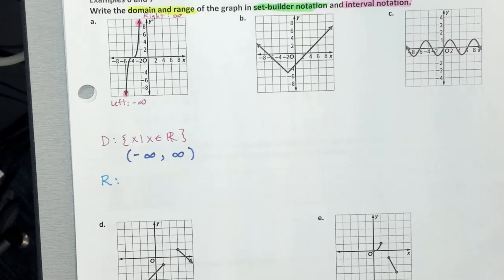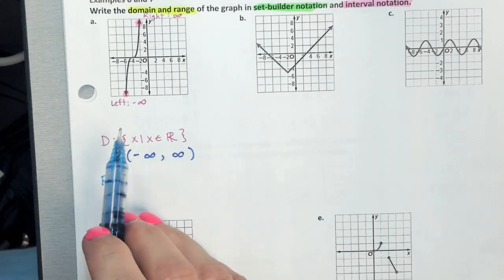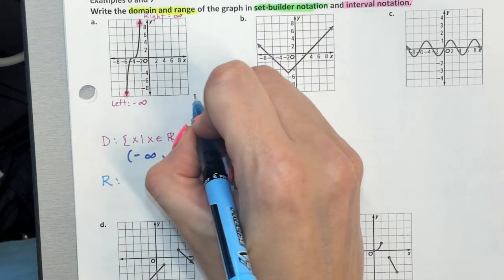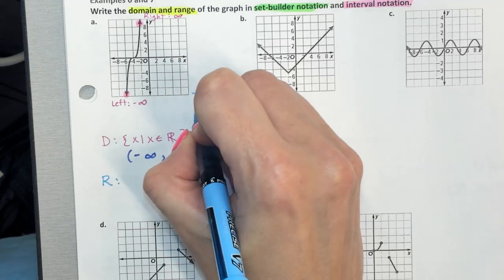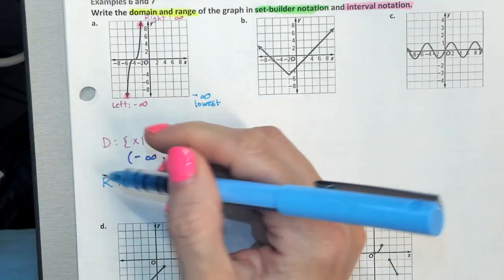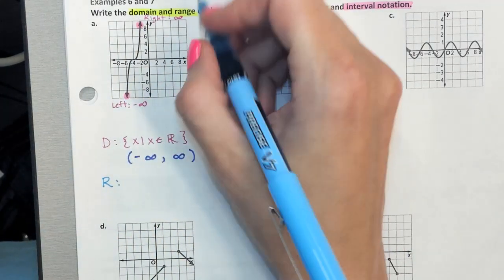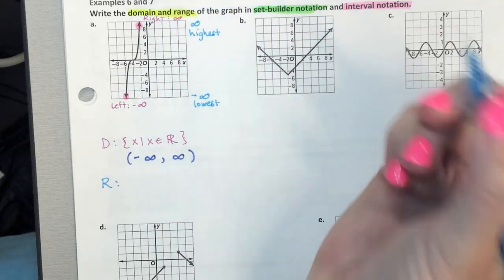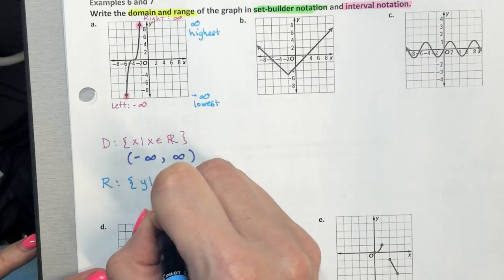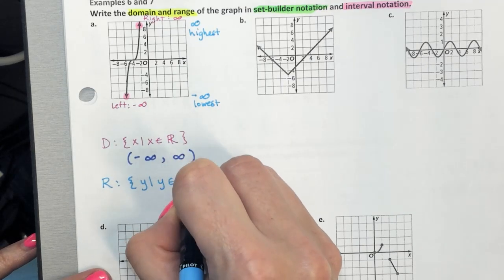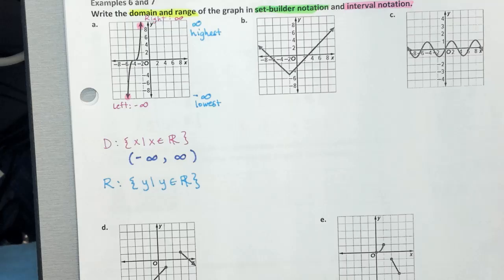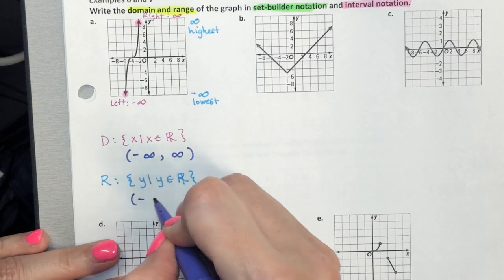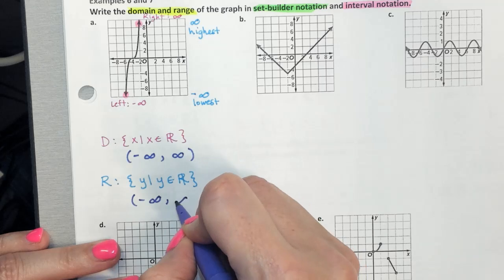For the range, we're going to be looking from bottom to top, or lowest to the highest. So the lowest value here is going to be negative infinity, because this arrow is pointing down. This arrow is pointing up. So positive infinity is the highest point, which means, again, we have all real numbers. So it's y such that y is an element in the real number set. Okay, so this is negative infinity to infinity.